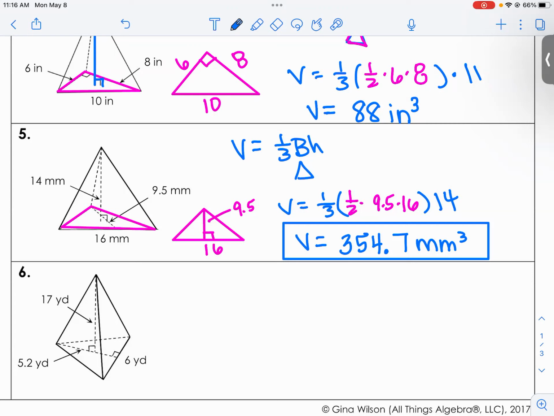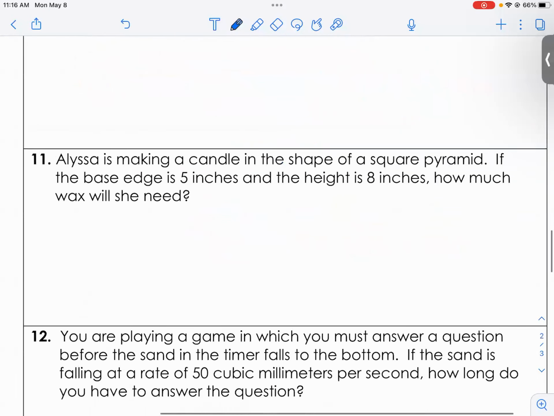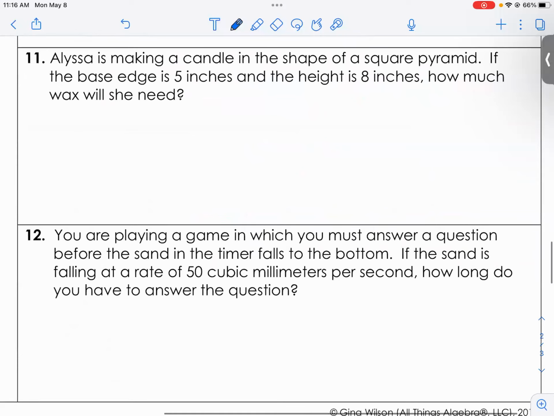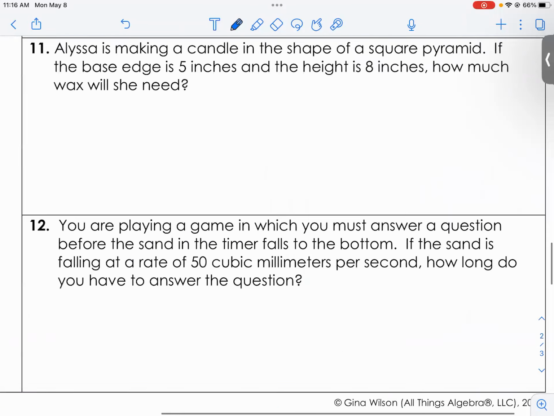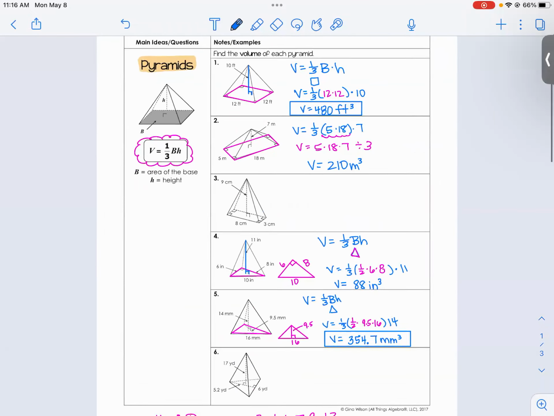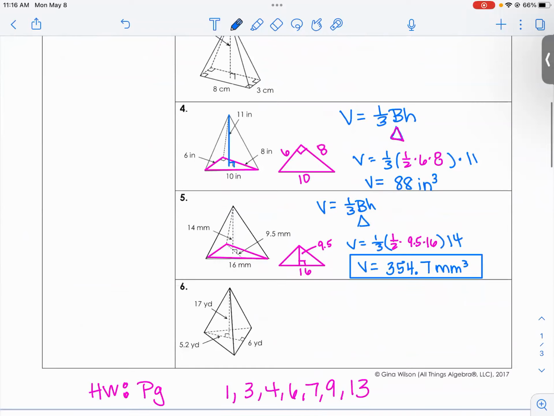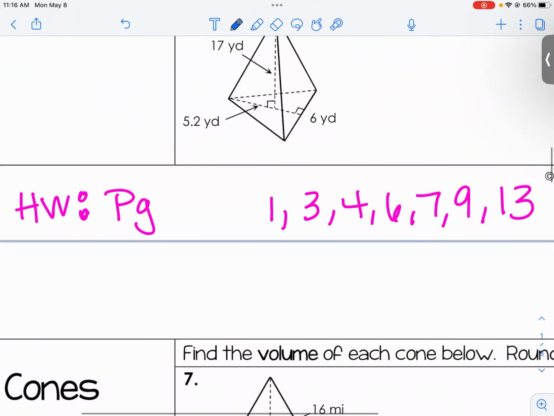All right, let's go ahead and go to the next page and look at number 11. Your homework is on pages 10 and 11.